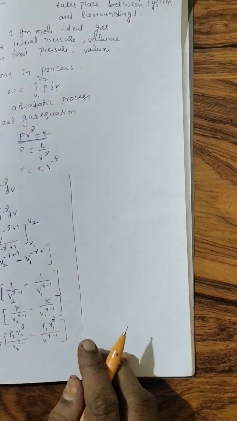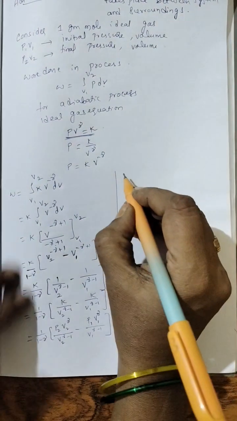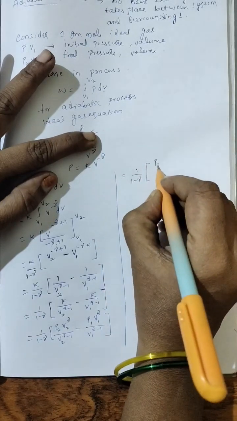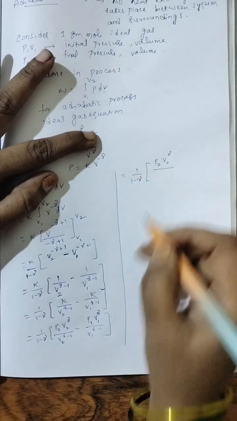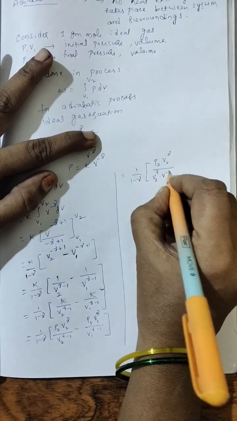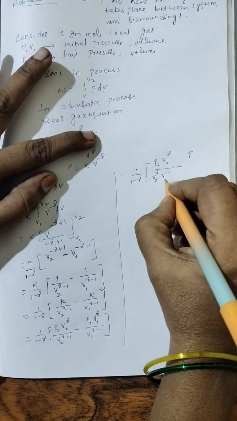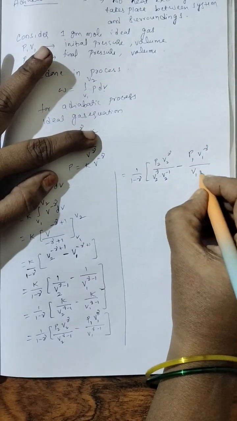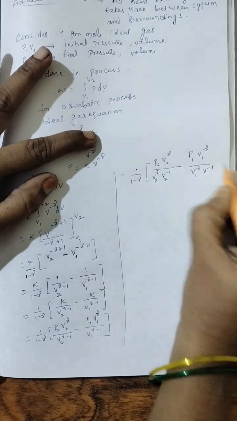Alright. Now I'm writing this as P2 V2 to the power of gamma, I'm separating this. How can I separate V to the power of gamma into V to the power of minus 1? Here V2. P1 V1 to the power of gamma by V1 to the power of gamma into V to the power of minus 1.